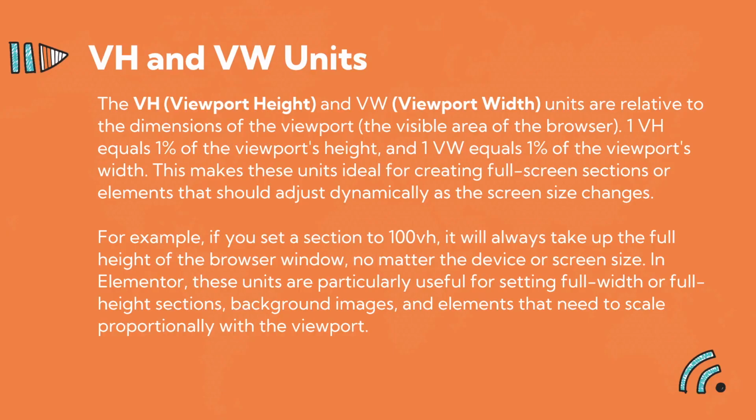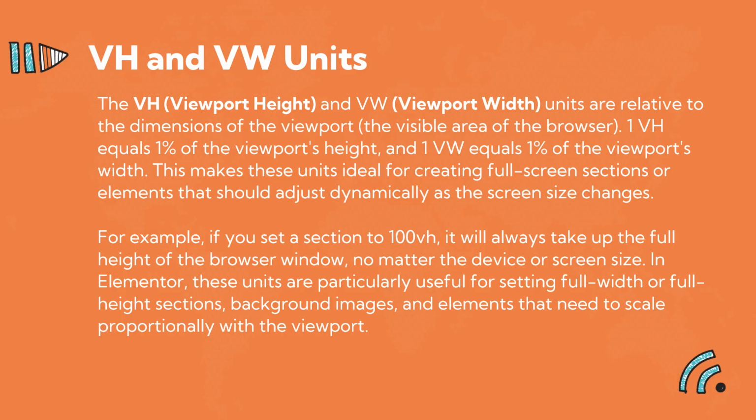VH and VW. VH is what we call viewport height, and VW is what we call viewport width, and they are relative to the dimensions of the viewport, the visible area of the browser. So one VH is equal to 1% of the viewport's height, and one VW equals 1% of the viewport's width.